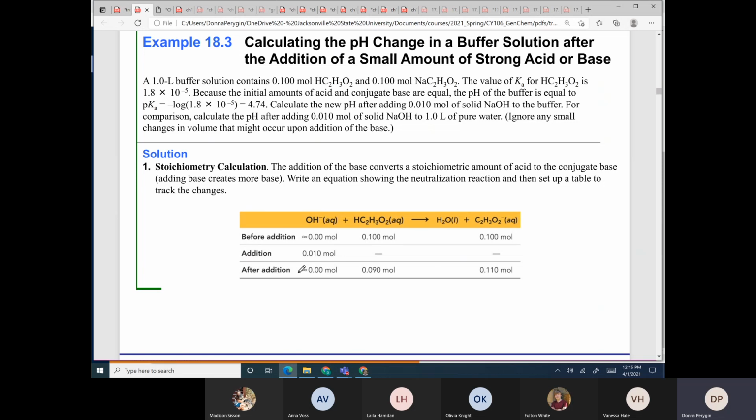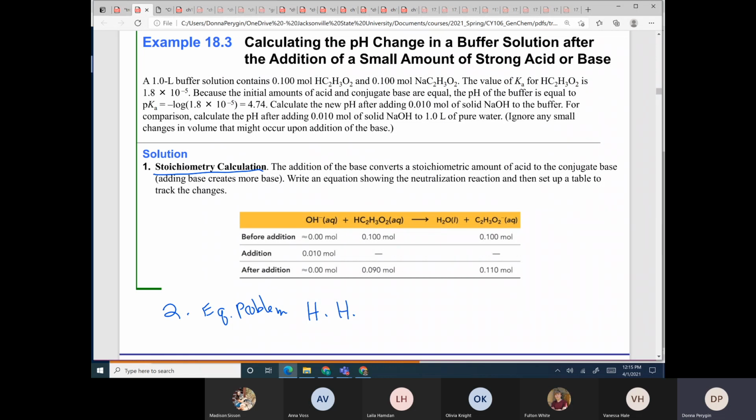So once we've made that buffer solution, if we add a strong acid or a strong base, then we have to do this in two steps. The first step is a stoichiometry calculation to calculate how much we have left of our buffer solution. And the second step is going to be an equilibrium problem. And that's going to be basically the Henderson-Hasselbalch equation.